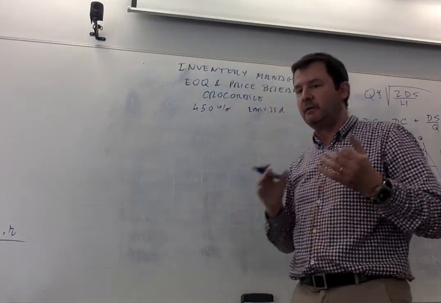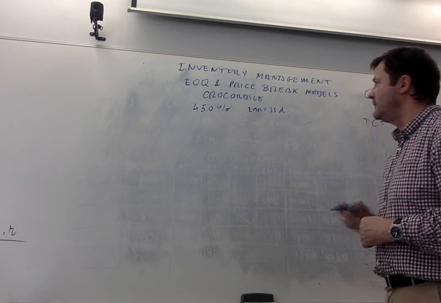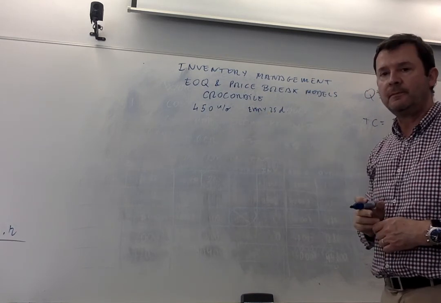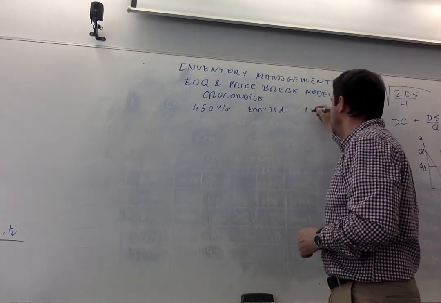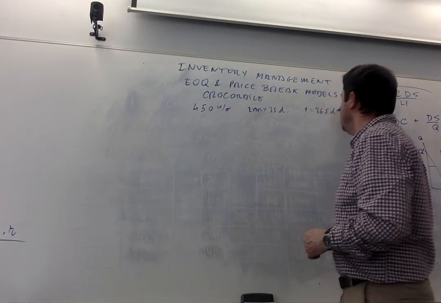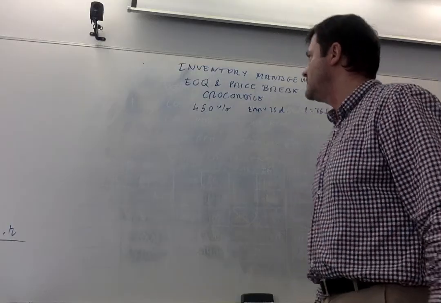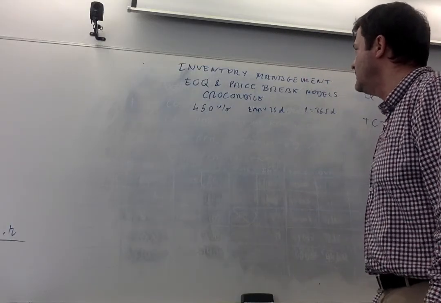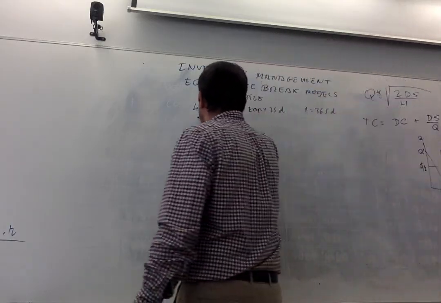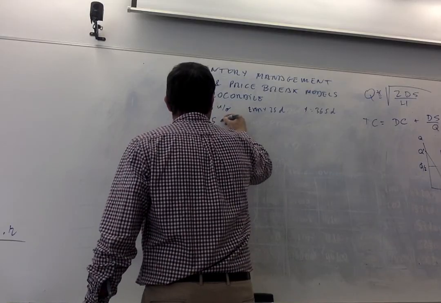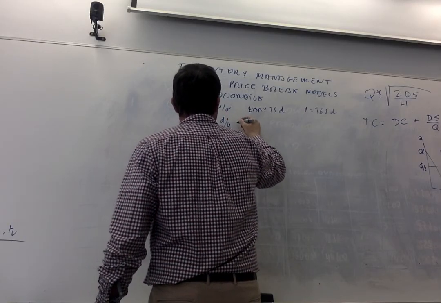Okay, this data is the same, but some other things are different. This will help you to work out the annual demand with a year of 365 days. The annual demand that this company makes on this component, right?